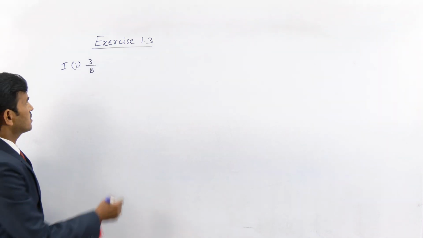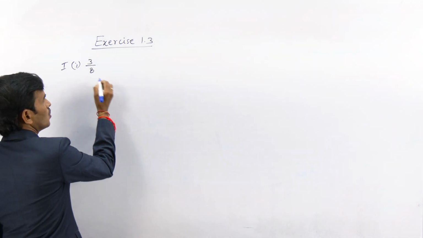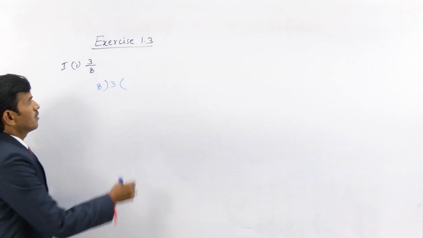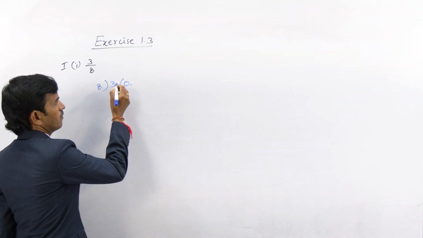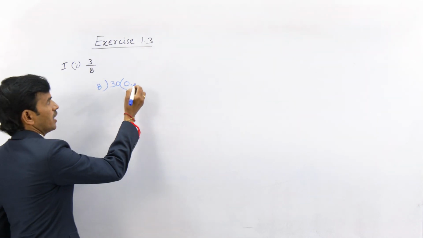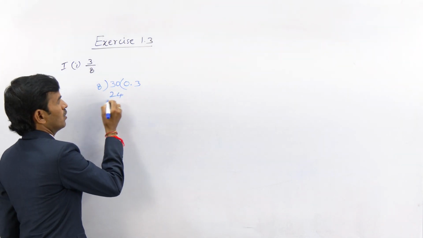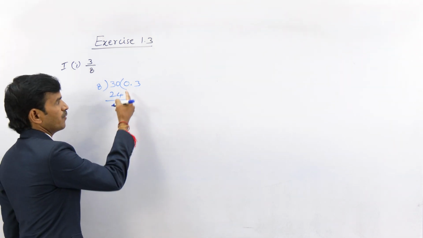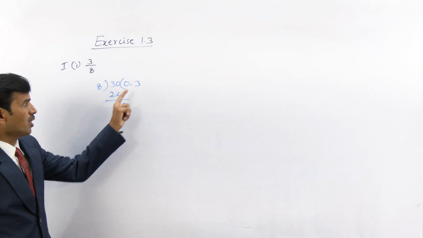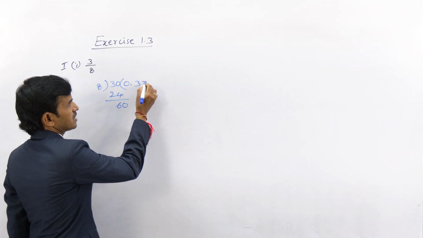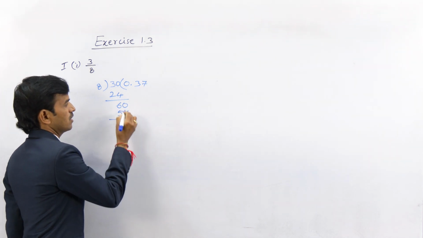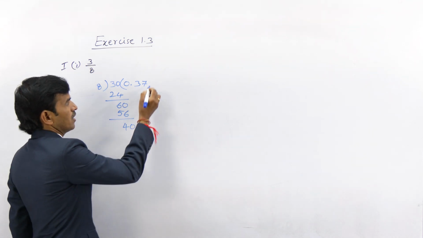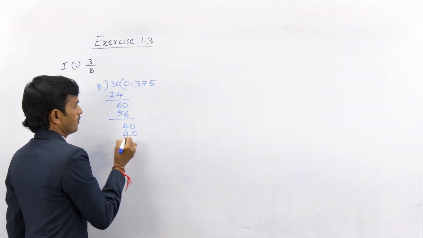Given rational number is 3 by 8. So let us divide 3 by 8. By taking a decimal point, we'll get 0. 8 3s are 24, 6 left over, and for every step we can take 1 zero after the decimal point. 8 7s are 56, and here 4 is left over, 60 minus 56. 8 5s are 40.